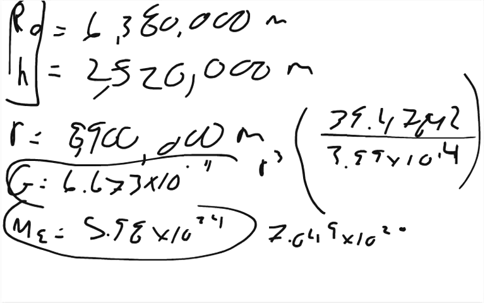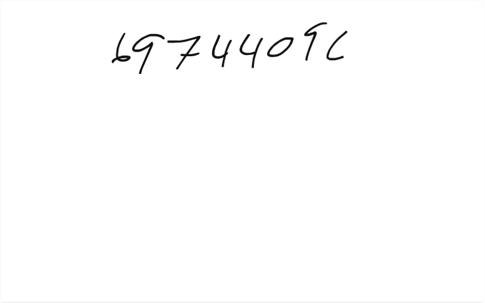So now we have all of this hammered out. We just multiply all that together, and what you're going to get is 69,744,000. This is equal to T squared, so we have to take the square root of it.